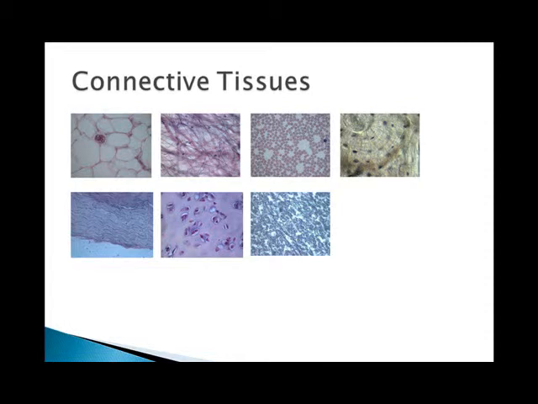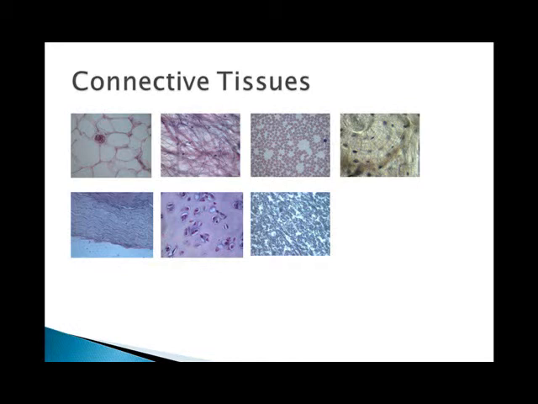Some specialized connective tissues include cartilage, and cartilage is pictured in the second one from the bottom. So it's the middle picture on the bottom. Cartilage cushions and maintains the shape of certain body parts. Bone, which is in the upper right-hand side, that's compact bone that you see there. It stores mineral salts, produces blood cells, and provides overall body support.